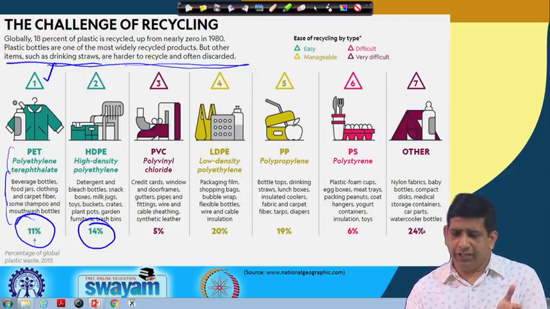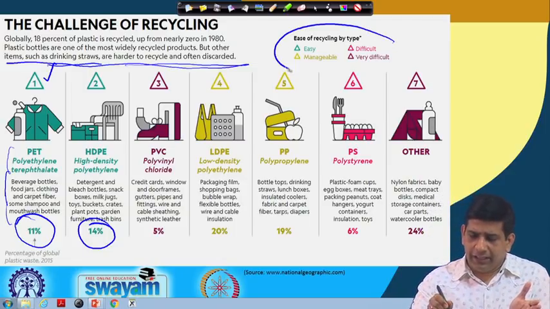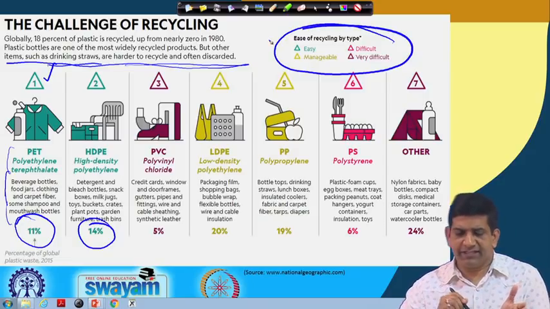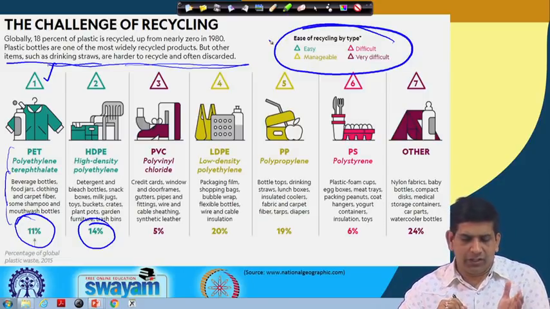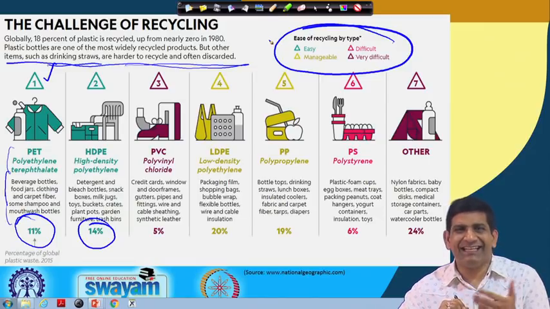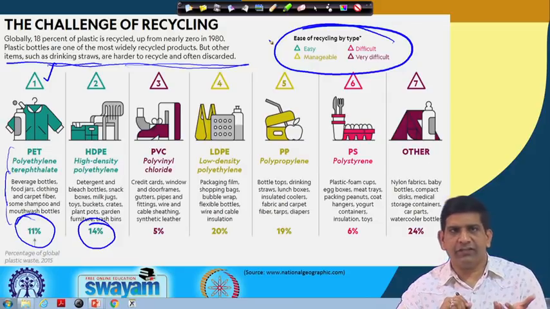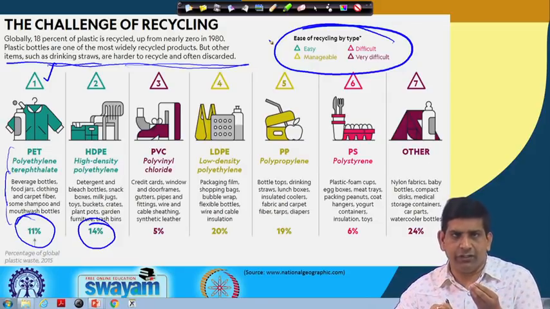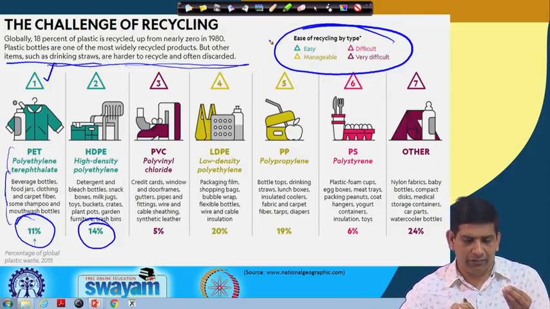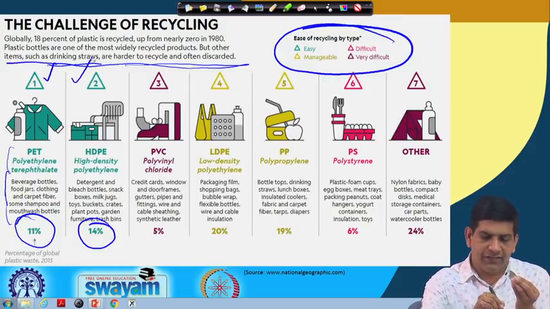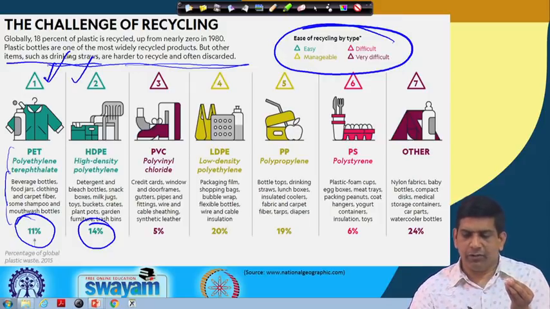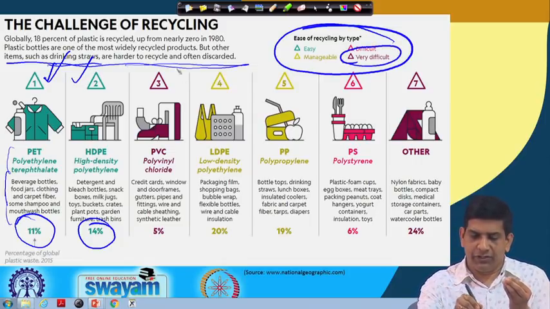If you look here, this talks about the ease of recycling by type. The green triangles, the first 1 and 2 which you see, are easily recyclable. The recycling of those is much easier. Then we have the purple one, right here.